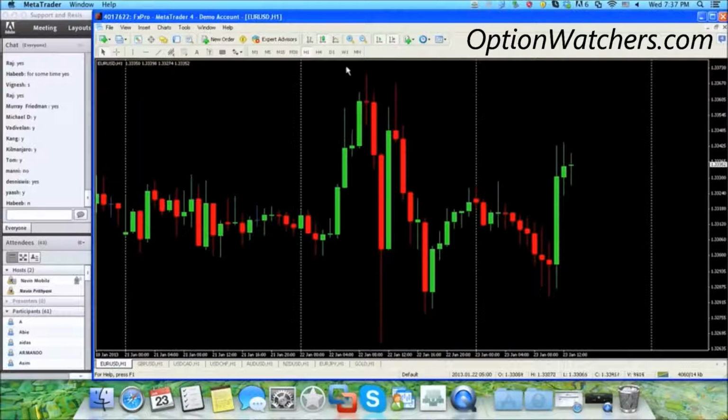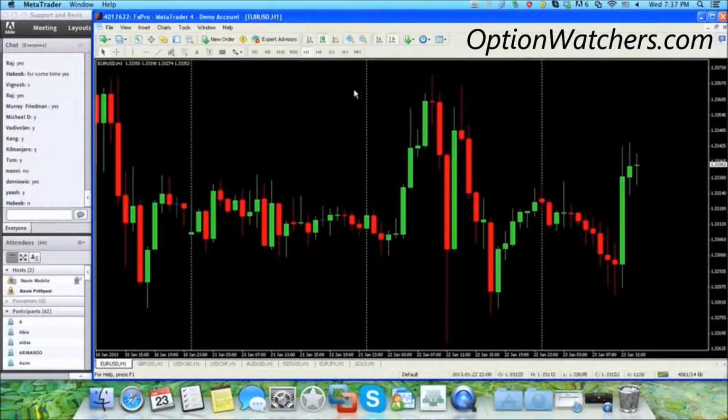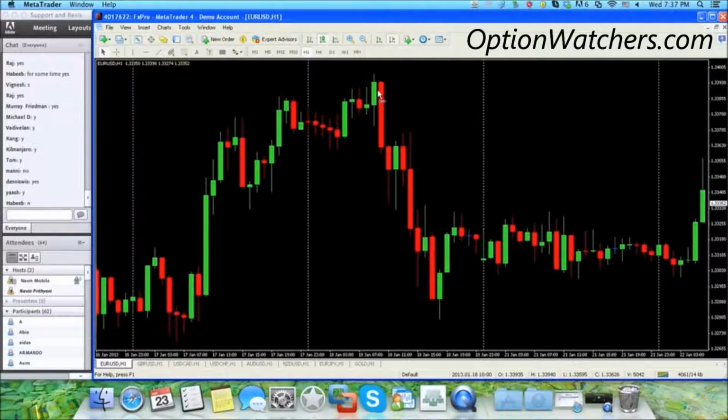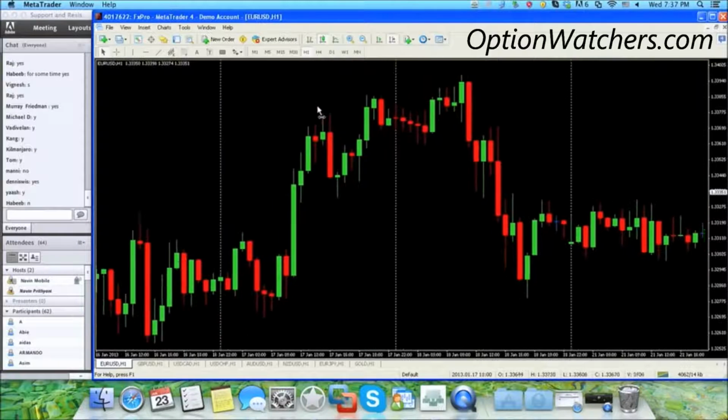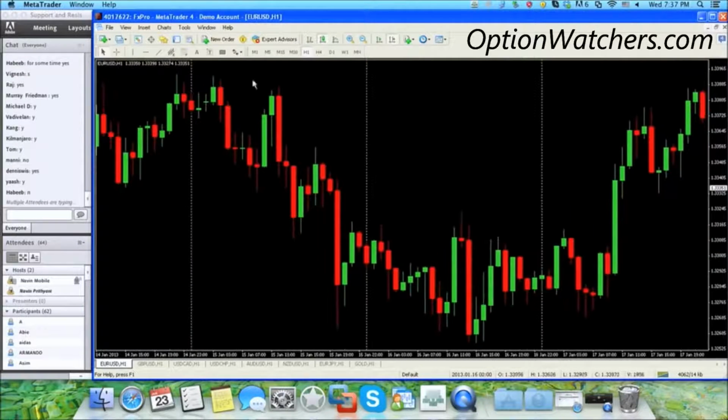Now, that being said, let's take a look at the next things. How do you know if a support and resistance is strong or not? Check the past data, multiple touches.